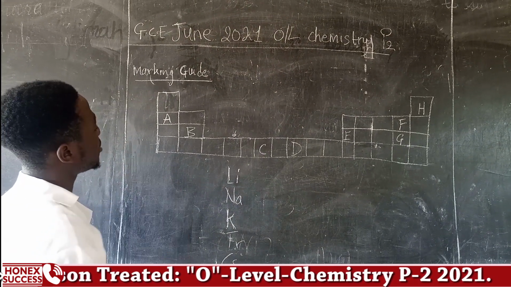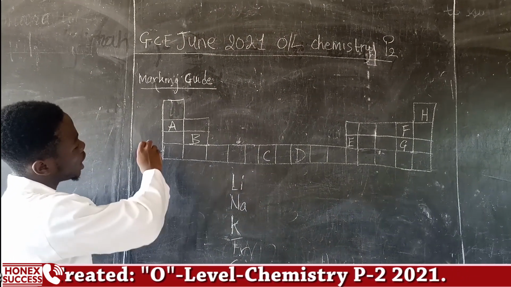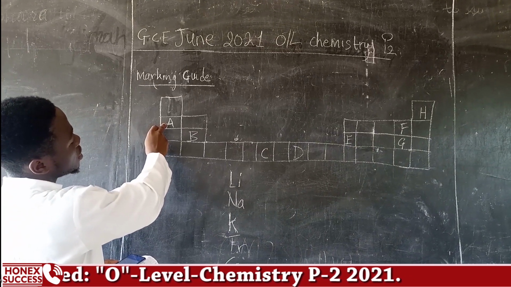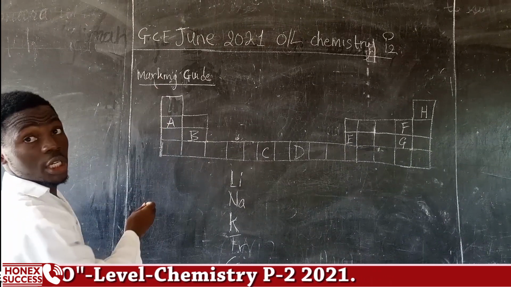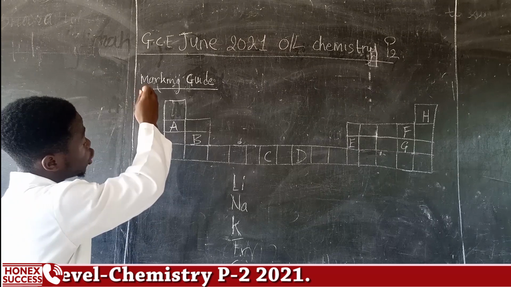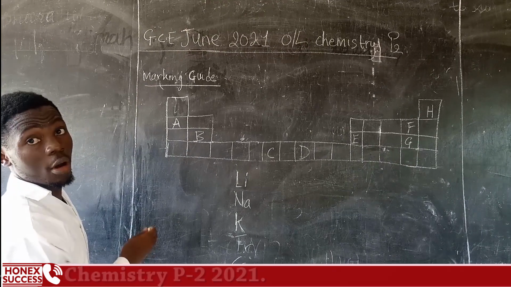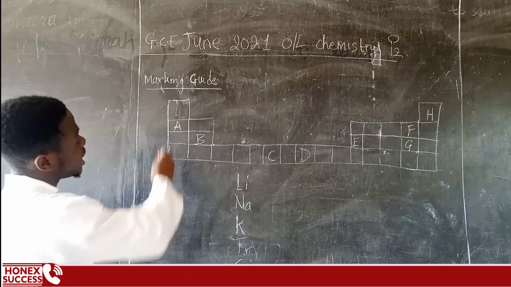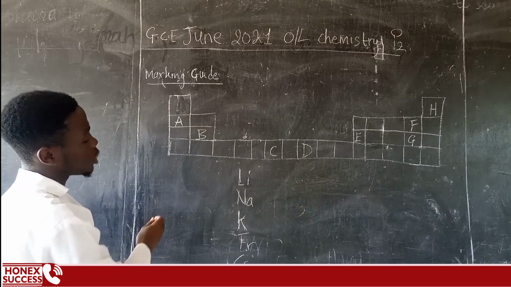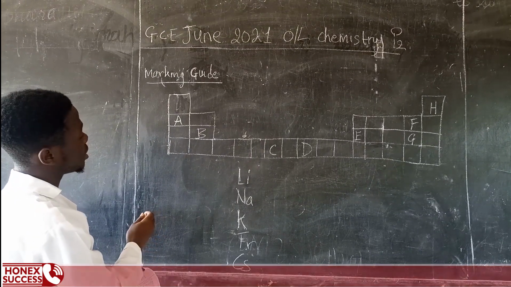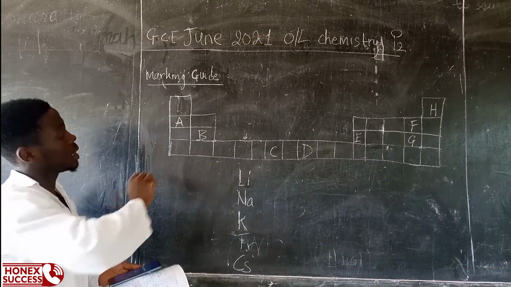So, with respect to our letters that we have been given, we discover that only A is on the line, the group of group 1. So only A falls on that group for group 1 elements.